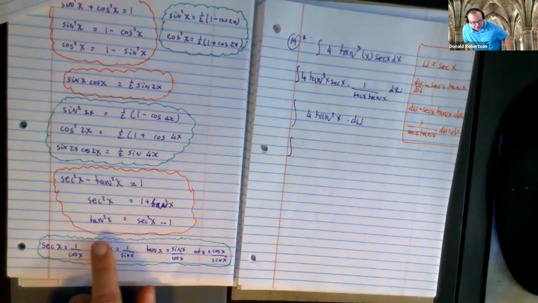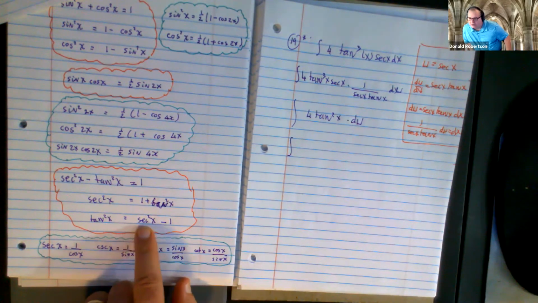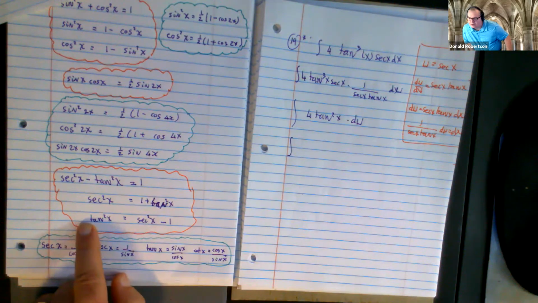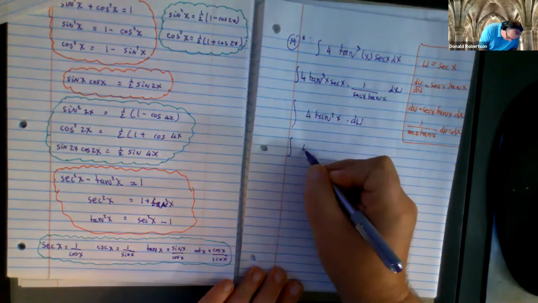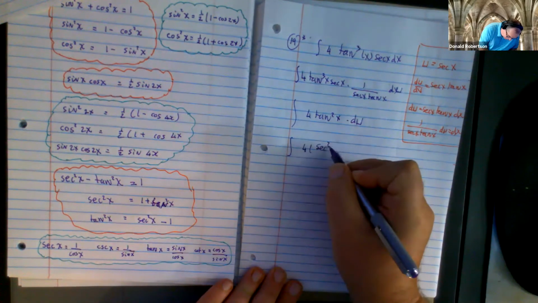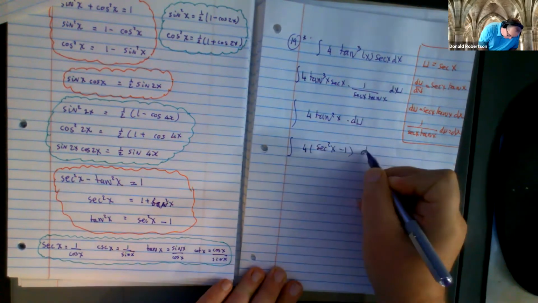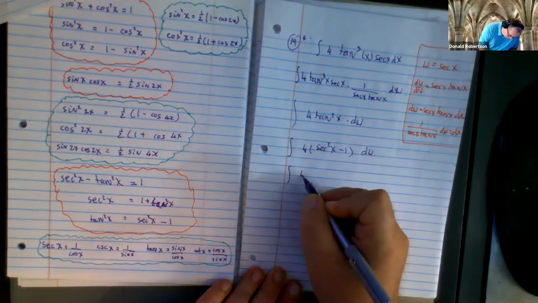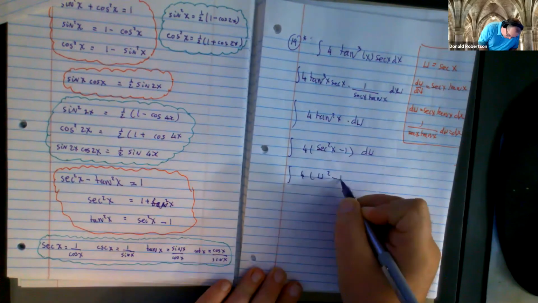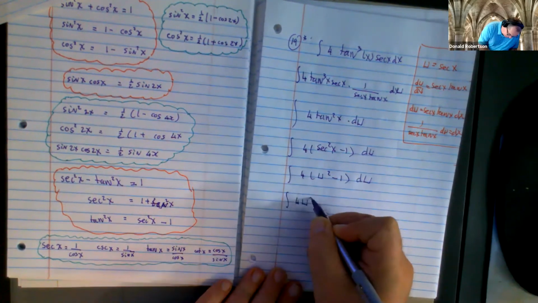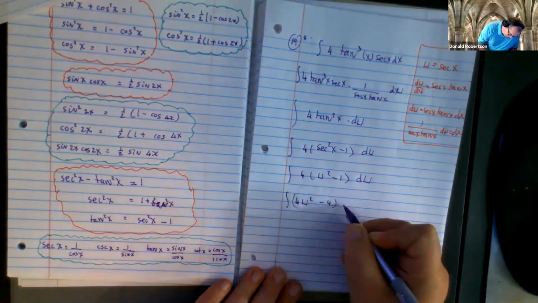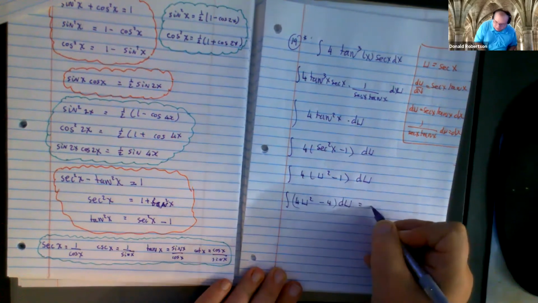And can you see tan squared is secant squared minus 1? See that identity here? Means that I can rewrite this as secant squared minus 1. And that in turn becomes 4 lots of u squared minus 1. And I guess I'll distribute it. Right, and you're done.